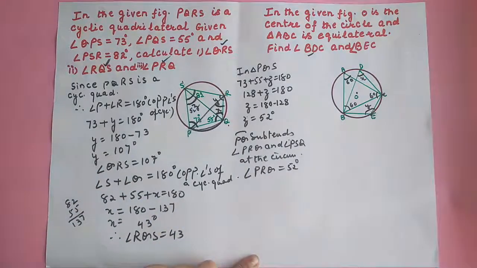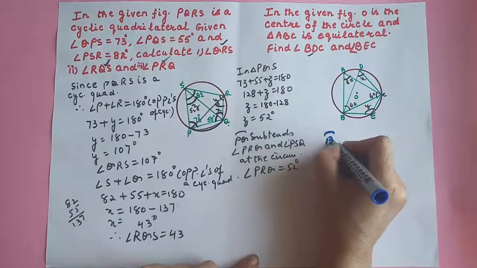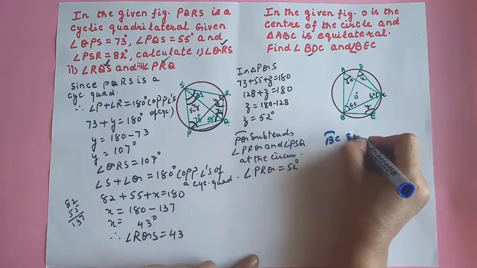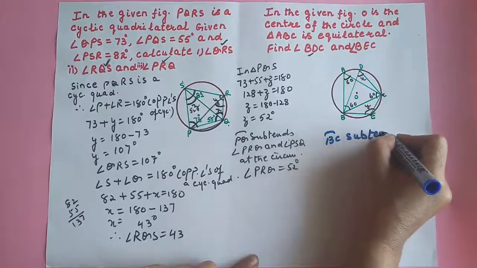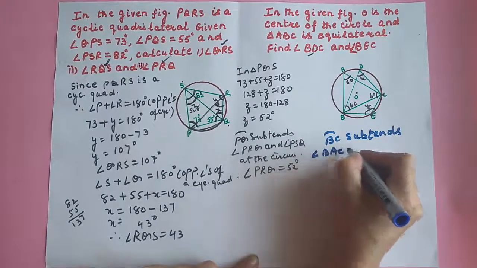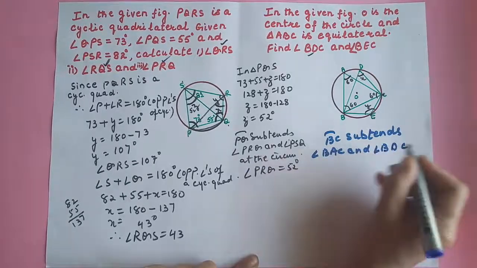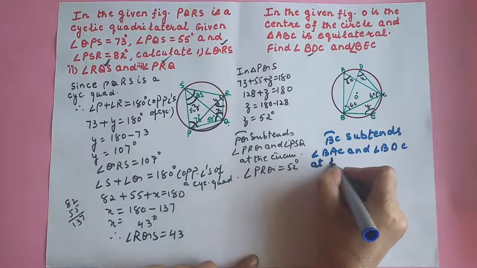So how do we write this? We will write this as arc BC subtends angle BAC and angle BDC at the circumference.